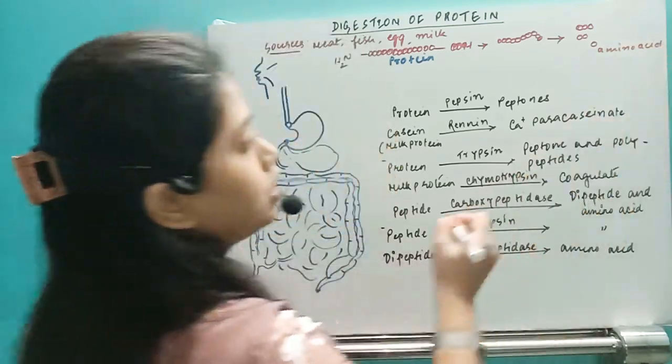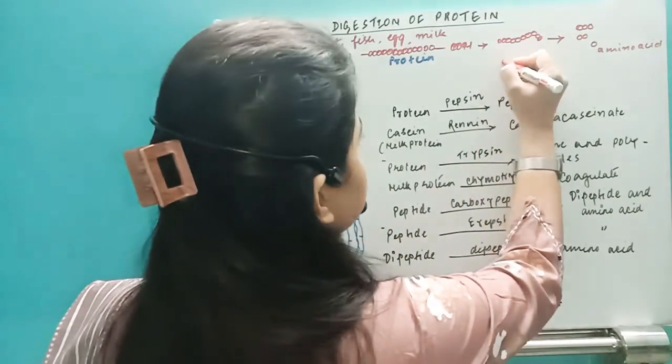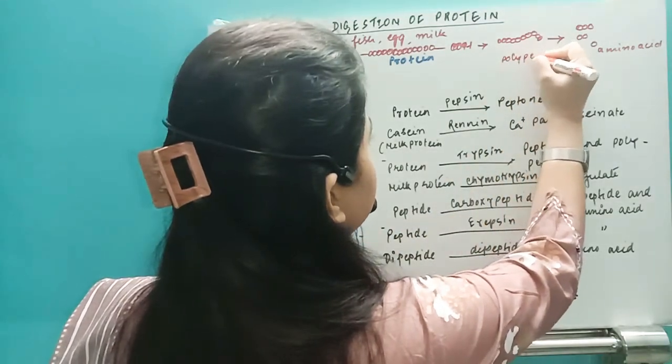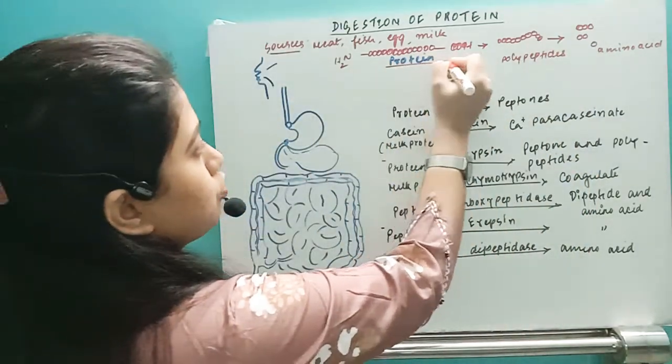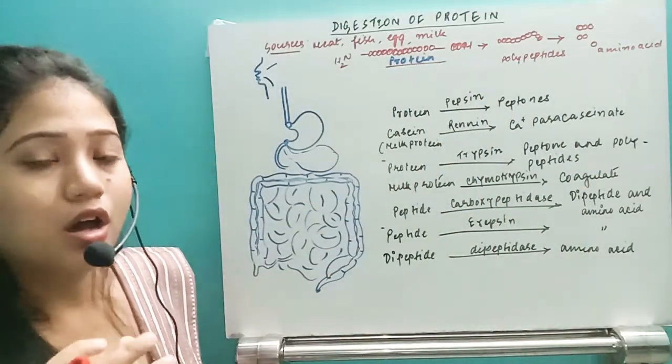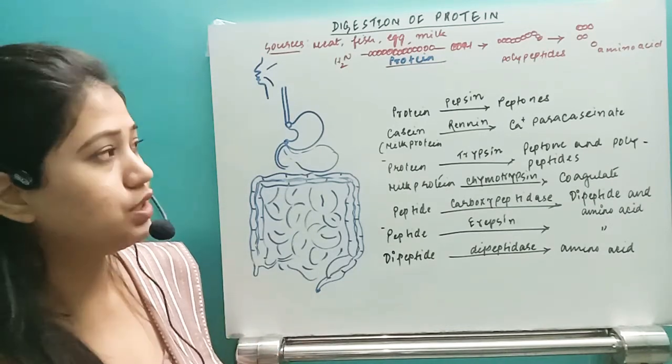What is the unit here? That is the amino acid. So this protein is a complex biomolecule, and this protein is made up of a unit, and that unit is amino acid.